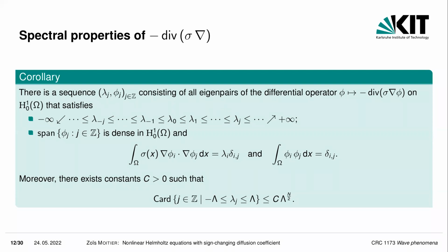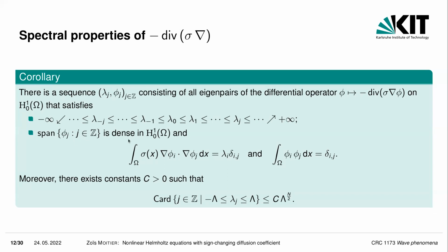So I have a discrete spectrum that goes from minus infinity to plus infinity. And the eigenvectors form an orthogonal basis in L2.